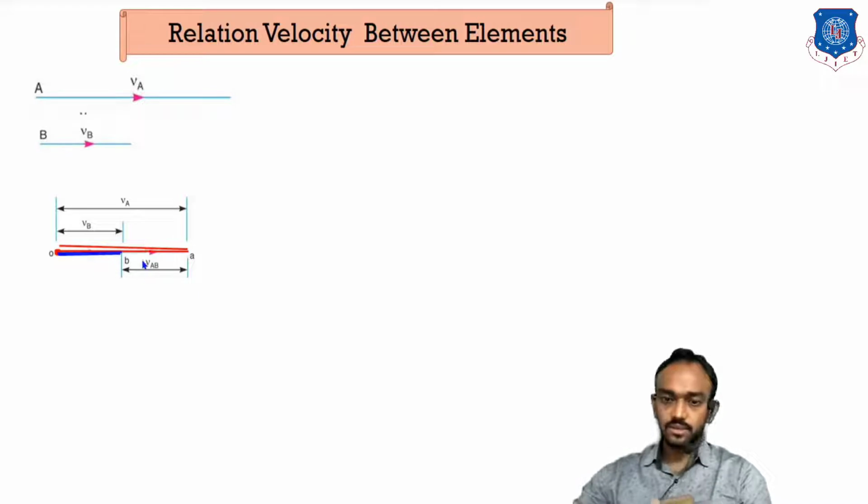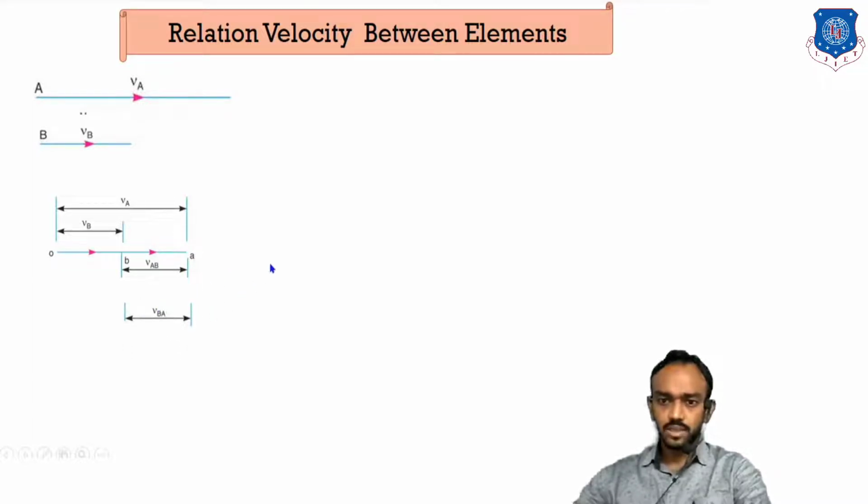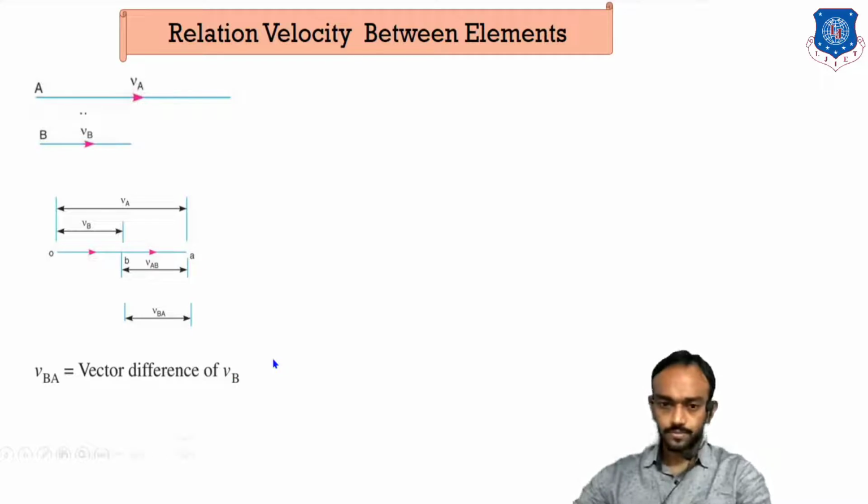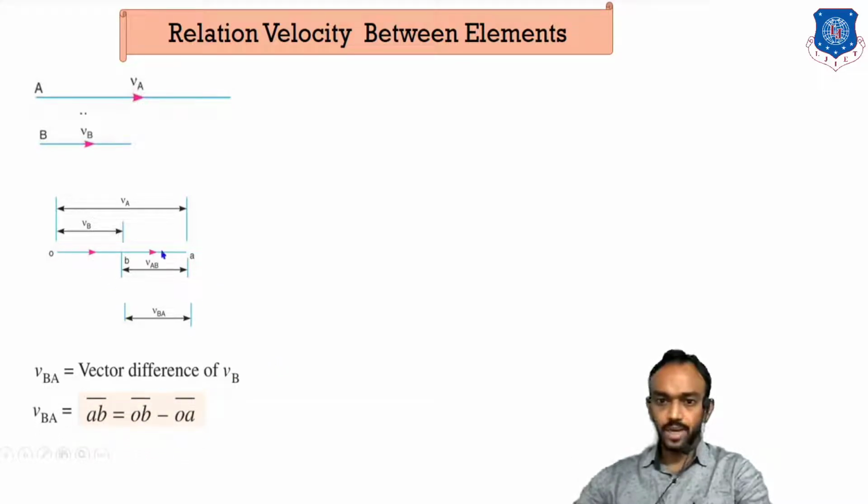The difference we get is the relative velocity of A with respect to B. So this distance is the relative velocity of A with respect to B, or velocity of B with respect to A. Mostly we consider the first term, meaning velocity of B with respect to A. So it can be found by the subtraction of OB minus OA.